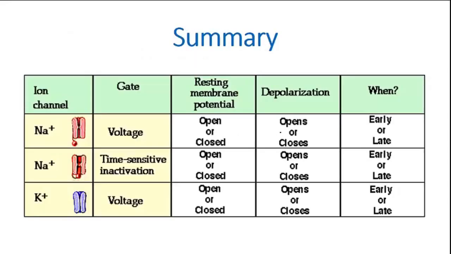So now let's look at a summary of what we've understood. The action potential is an all-or-none event that can travel long distances because it normally regenerates electrical signals across the membrane throughout the axon.